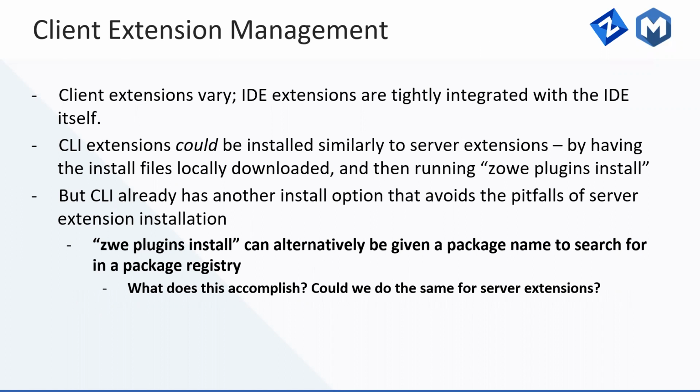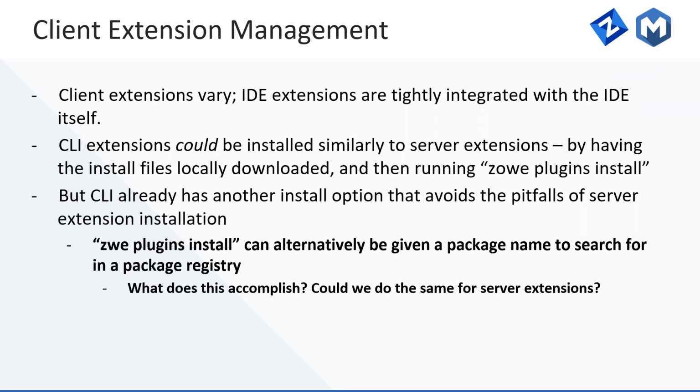So on client programs such as Zowe CLI or the Zowe Explorers, the ways that you manage extensions varies because some of the Zowe clients are tightly integrated with some other program, like the Visual Studio Code Explorer is going to be using Visual Studio Code's extension marketplace, and I would assume the same of the IntelliJ Explorer.